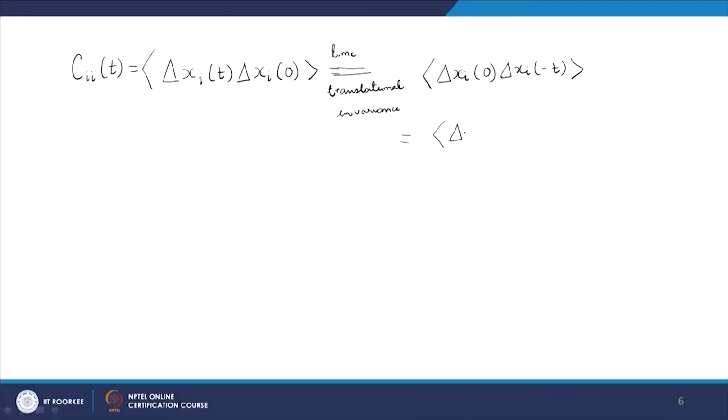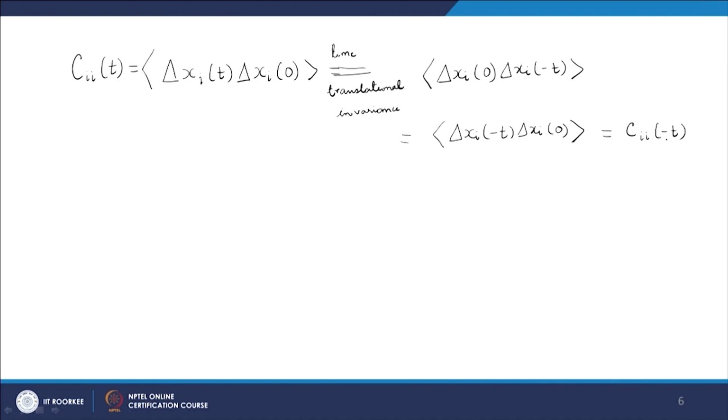In fact, I can switch the two here and I can write it as delta xi minus t delta xi 0, that would not make any difference. And so, C_ii(t) is C_ii(minus t).